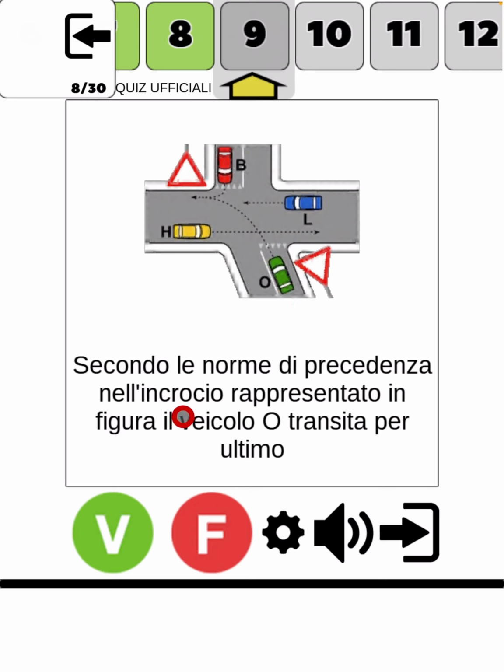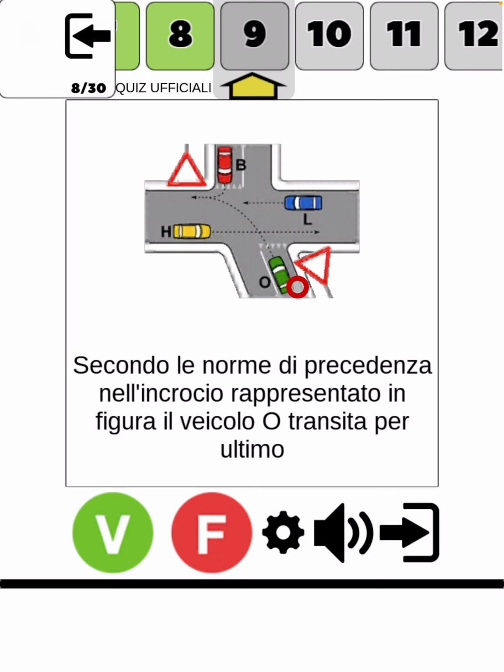According to the rules of precedence at the intersection shown in the figure, vehicle O passes first. He will be the first one to pass. That is what they are talking about. So, okay, let's check it out.